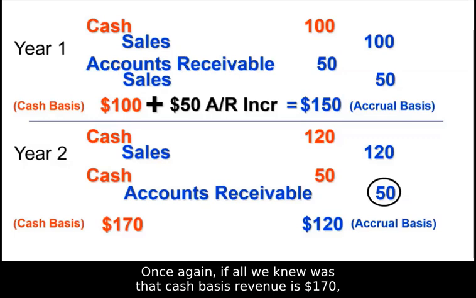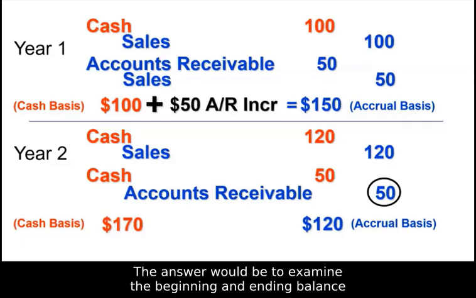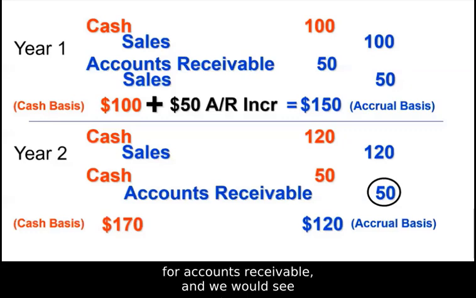Once again, if all we knew was that cash basis revenue is $170, how would we find accrual basis revenue? The answer would be to examine the beginning and ending balance for accounts receivable, and we would see that accounts receivable decreased $50.